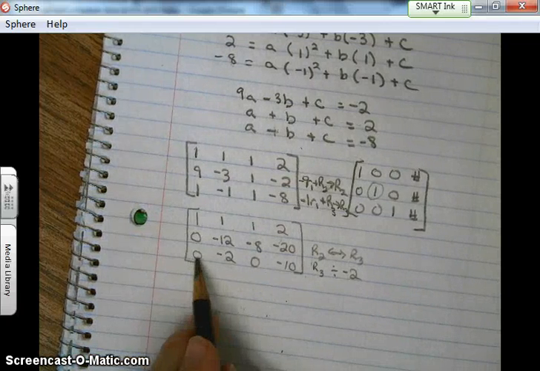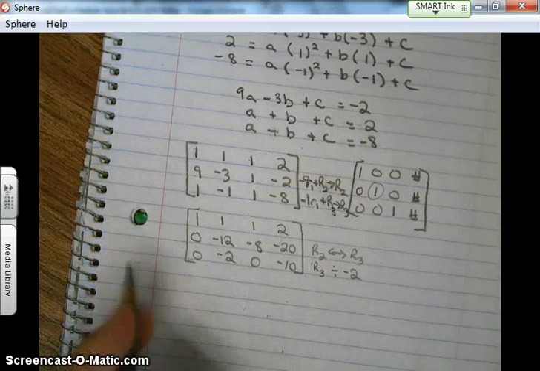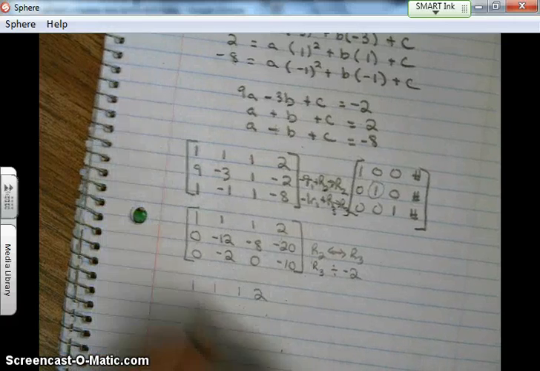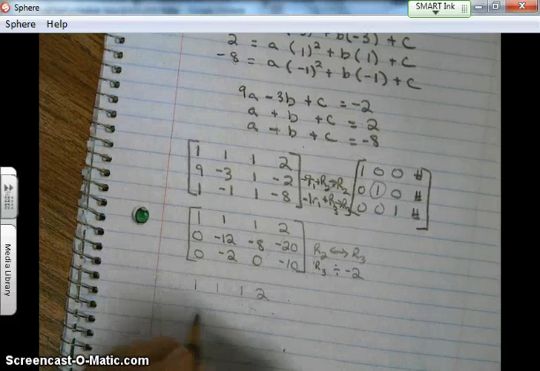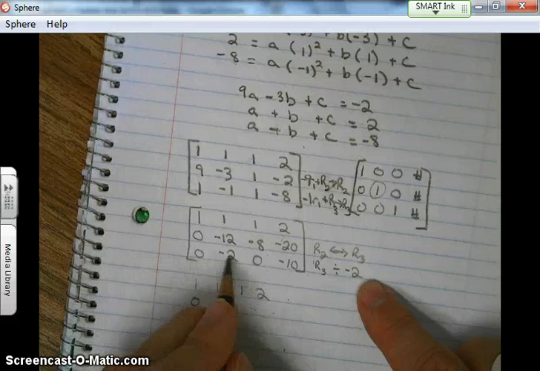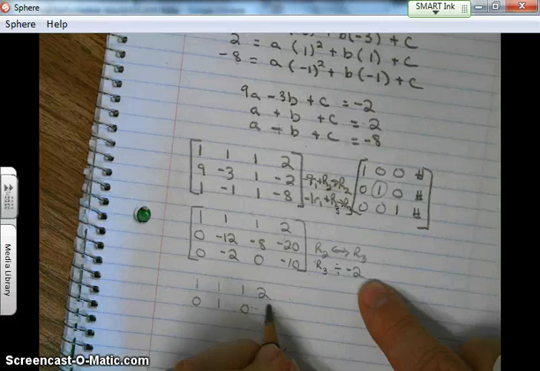So dividing everything by -2, I get a 1 here. So let's rewrite row 1. Row 3 becomes row 2. So 0 divided by -2 is 0, 1, 0, 5.